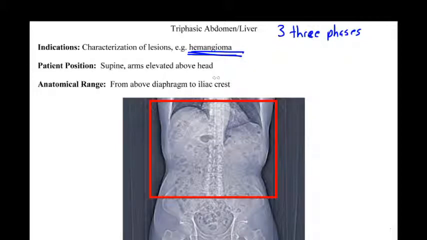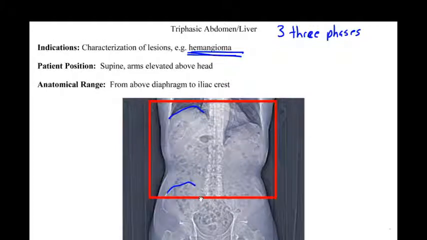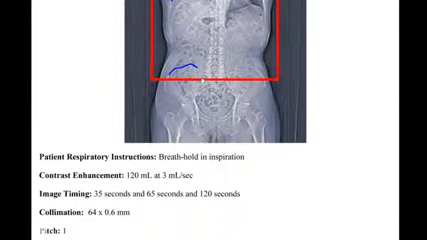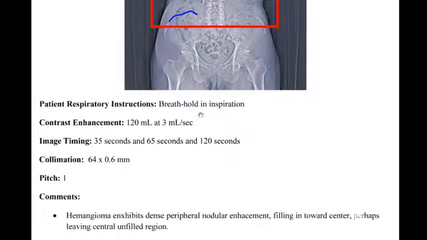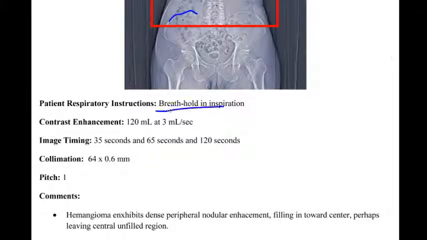Patient position is much the same, supine with arms elevated above the head. Once again, anatomical range from the diaphragm to the iliac crest. And so that's going to be your scanning range. Breath hold is virtually the same. Breath hold in inspiration. Even the contrast enhancement phase is the same as the biphasic and the routine abdomen. And so all of this is the same up until this point.